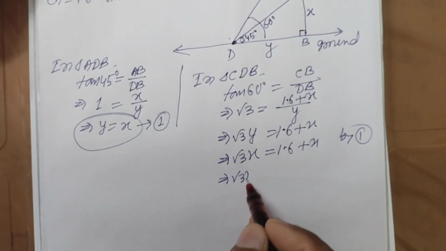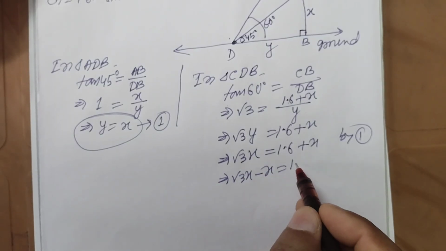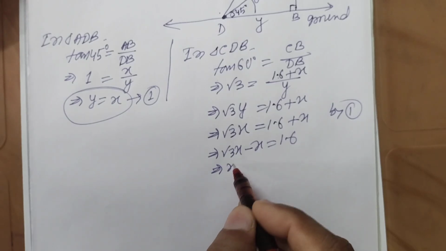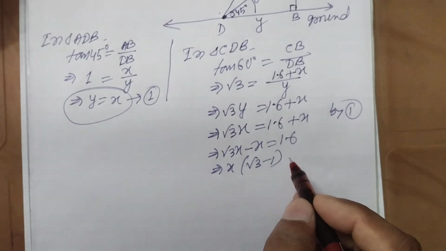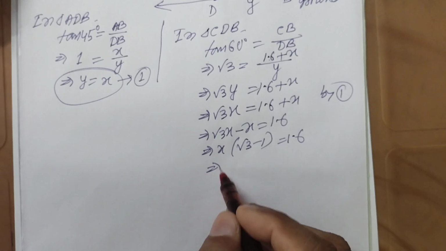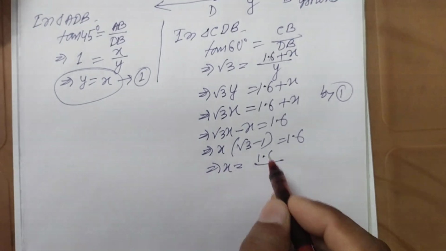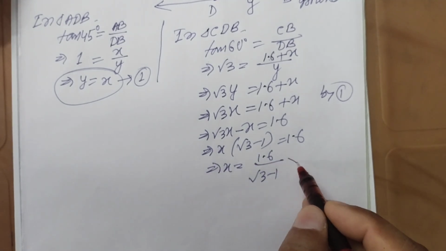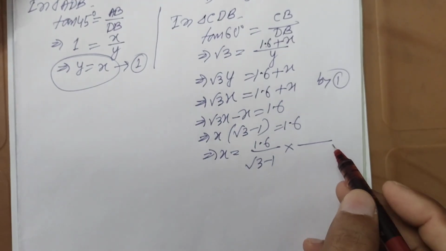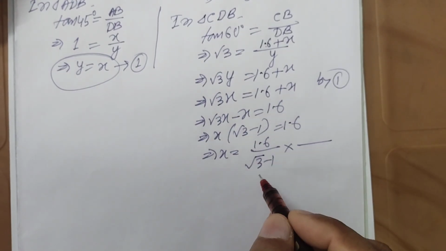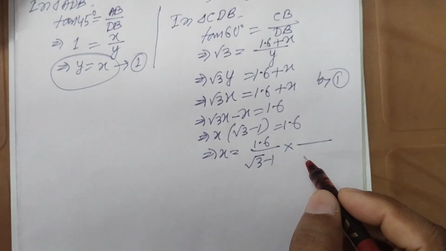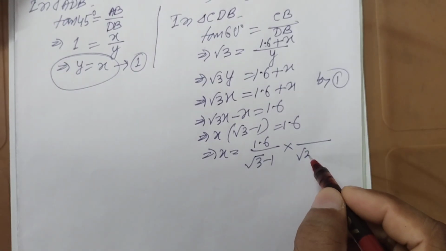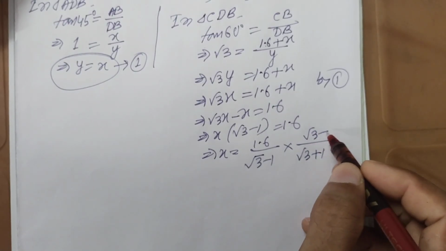Now you see root 3x minus another x is 1.6. You take x common, root 3 minus 1 is 1.6. Then x is equal to 1.6 by root 3 minus 1. You can rationalize the denominator. You remember, whenever you find an irrational number, a root, in the denominator, you should rationalize the denominator. So it will be root 3 plus 1, here also root 3 plus 1.